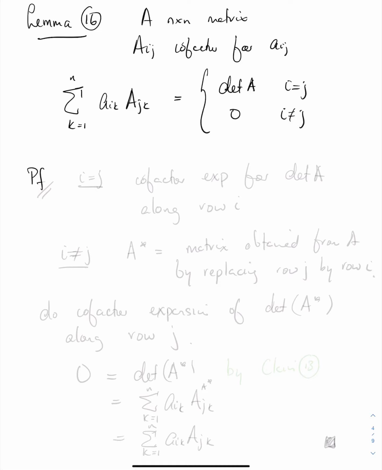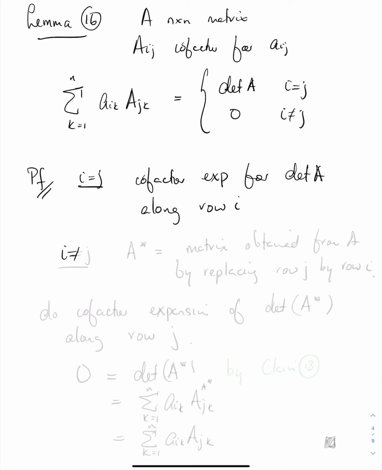Proof. When i is equal to j, this is the cofactor expansion for the determinant of A along row i. Thus, it's just the determinant.